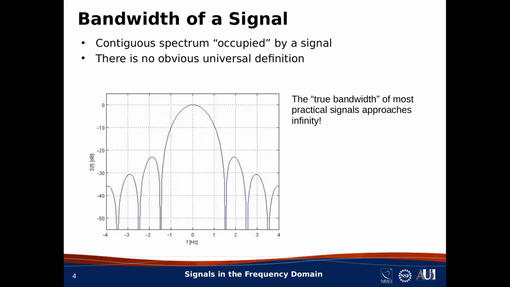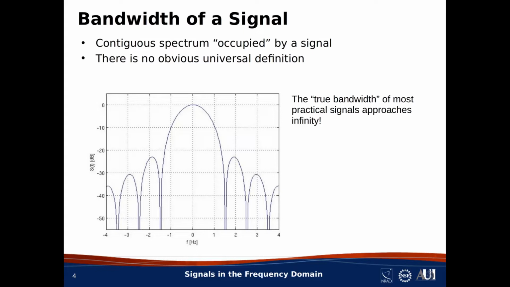Here is a very typical spectrum that you might encounter for a signal in the wild. By spectrum, we of course mean power spectral density, that is, watts per hertz as a function of frequency. What we see here is a lot of power in a main lobe near the center frequency, and then side lobes extending in both directions away from the center frequency and getting progressively weaker.